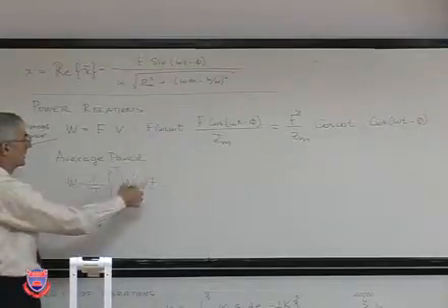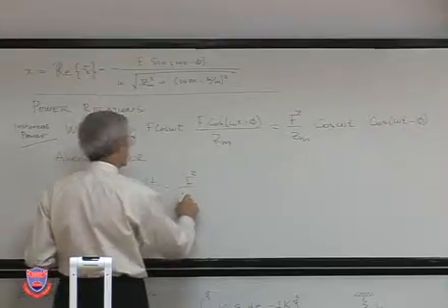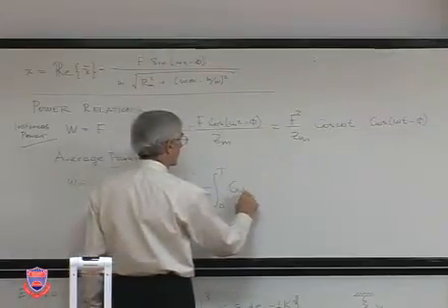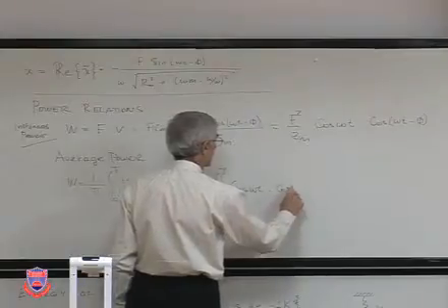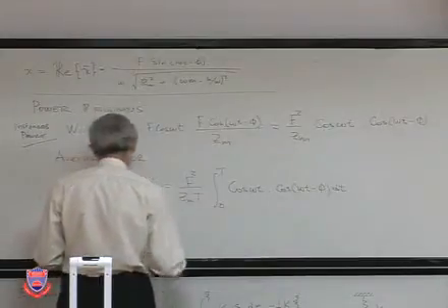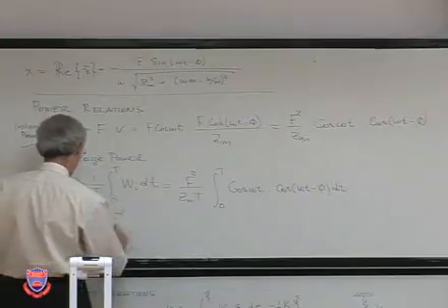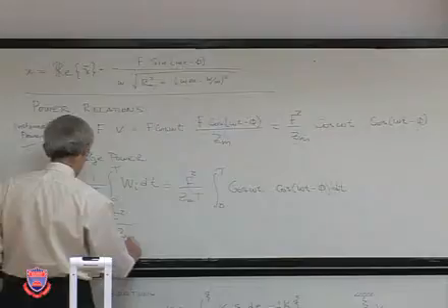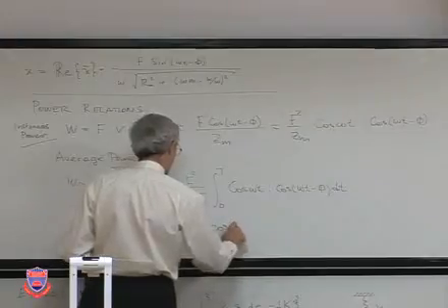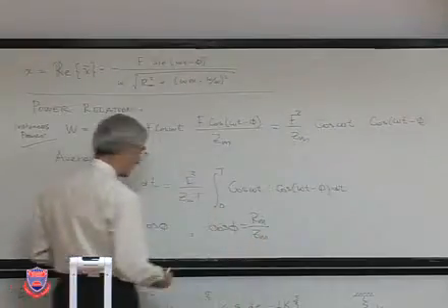So we take this expression, integrate it over a period, and that should end up with an integral of cosine omega t cosine omega t minus phi dt, which finally should give us F squared over 2 times Z_m cosine phi, where cosine phi is the ratio of the resistive to the total mechanical impedance.